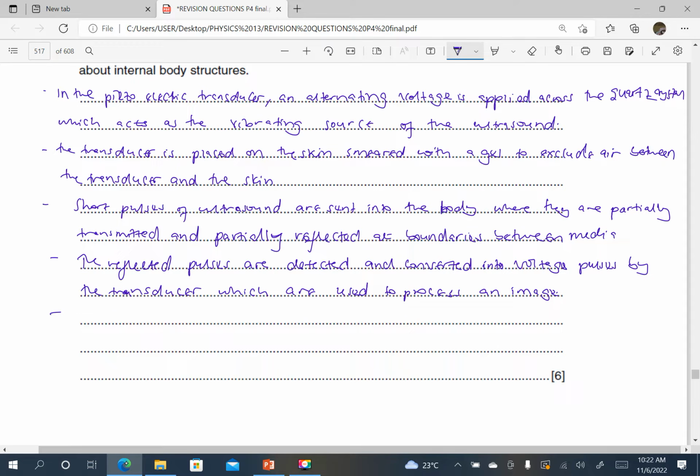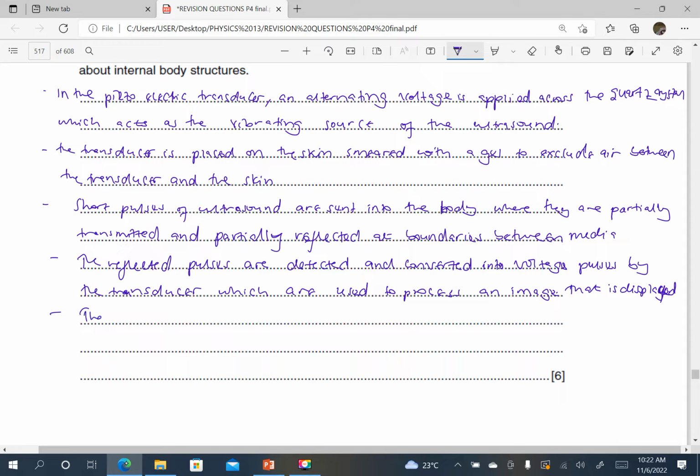Which are used to process an image that is displayed on the screen. What is very important is the intensity and the time delay.